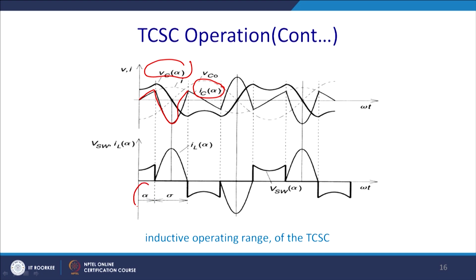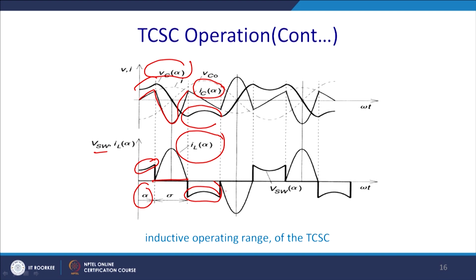You will find that till the angle is triggered, alpha, it will follow the same voltage pattern, since it is connected in parallel to the DC capacitor. Then it is triggered, and ultimately you will find I alpha, and the voltage will be 0. Thereafter, since there is no current, you will find the current is 0 and the thyristor voltage, Vc switch, will be the same as the DC bus voltage.